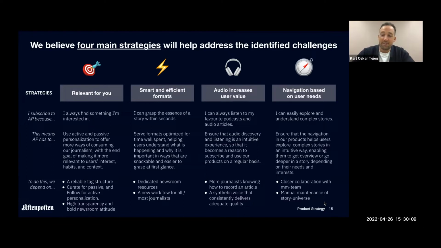But then if you are interested, if you have more time, how do we enable you to dive deeper? And that's a navigation problem, right? We need to help users dive deeper when they have time to do that, but then stay at the surface when they don't have time to do that. And that's where smart and efficient formats come in. So now I'm just in snacking mode. Later on, I might be in the mode for going deeper into stories. How do we enable you to navigate the bigger story? We've explored a few methods for doing that in how we've organized our Ukraine journalism, for example.